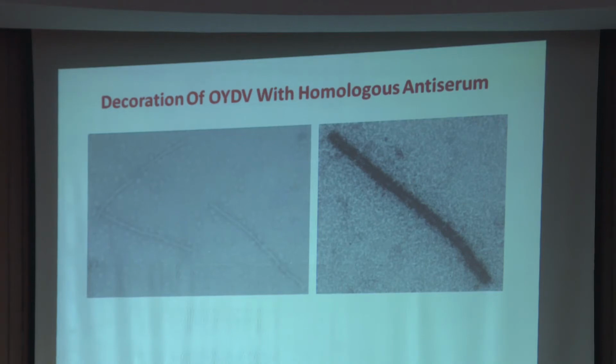This dark color is the antibody bound to the virus particle. This gives a clear idea that this particular virus is onion yellow dwarf virus. This is the best application of electron microscopy for identification of viruses using the ISEM technique.